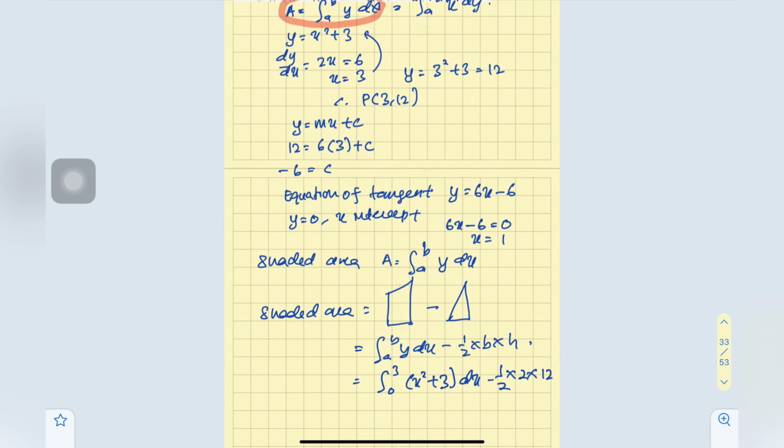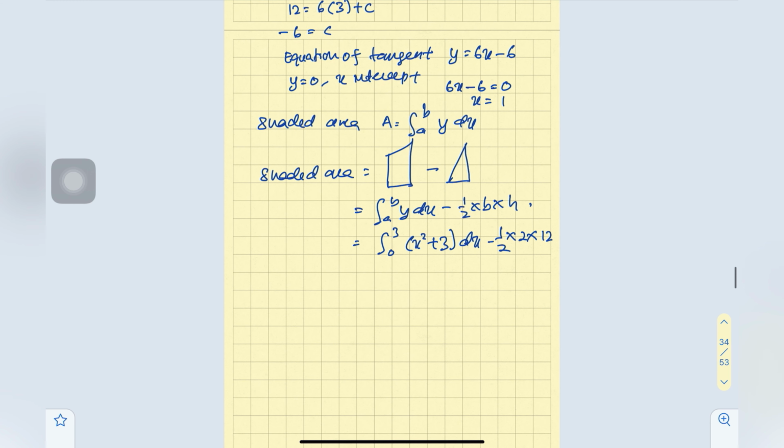Then we integrate. Integrating x squared gives x cubed over 3, plus 3x, from 0 to 3. For this part, we can get it directly: the area of the triangle is 12.